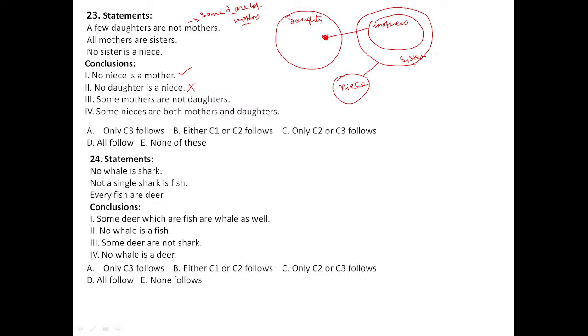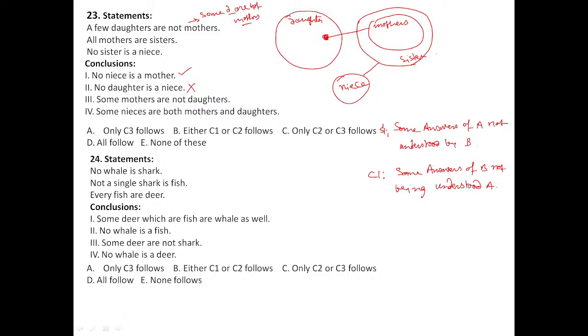Now, some mothers are not daughters. See, here is the very tricky part. Supposedly, if I say that some answers of A are not understood by B, I am giving the statement here, right? Is it feasible to say in the conclusion, you answer me, that some answers of B are not being understood by A? Can you say this?